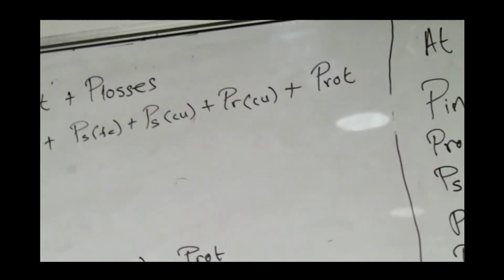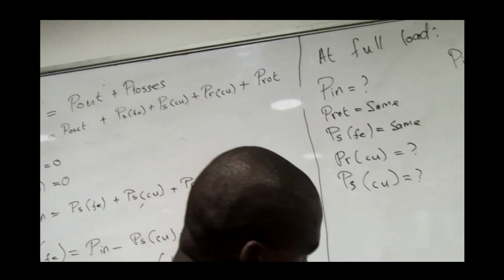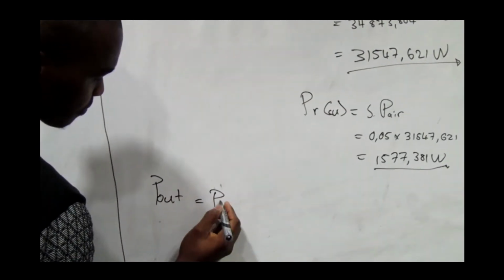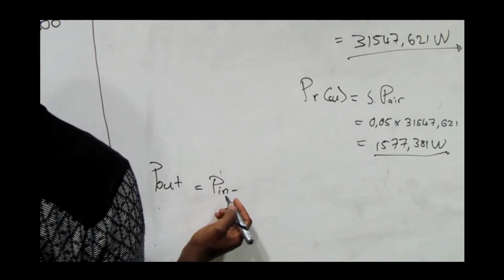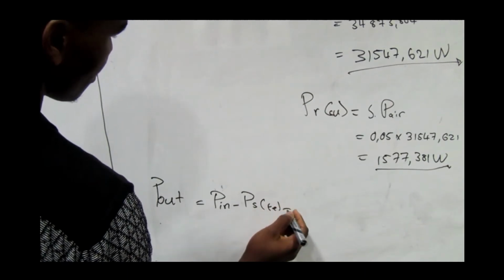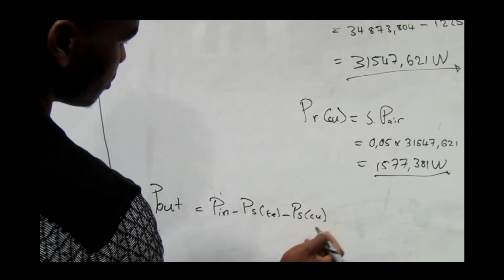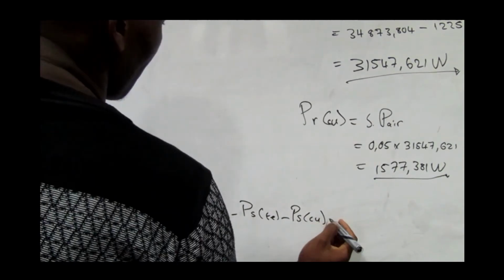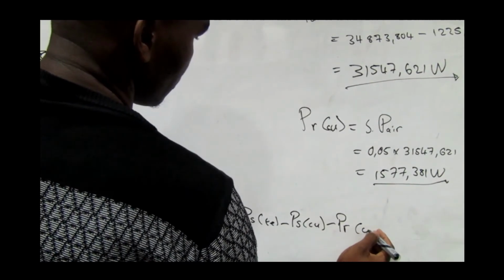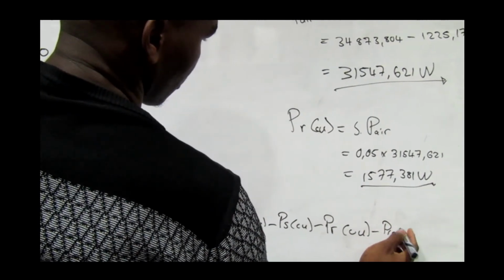So now at this point we can calculate our output power, which is going to be P out equals P in minus the losses, which are PSFE minus PSCU, this one at full load, minus PRCU, minus P rotational.